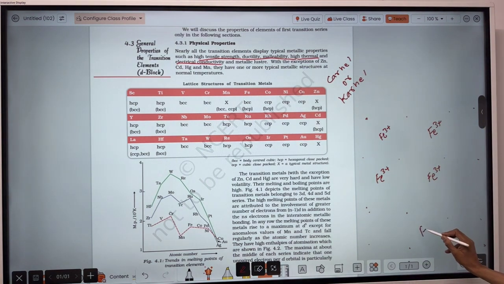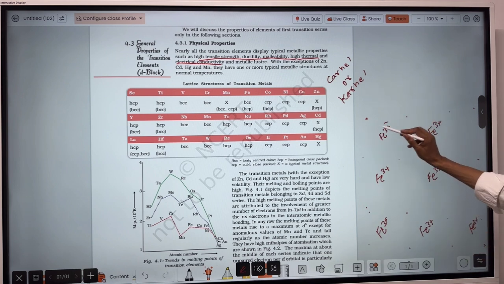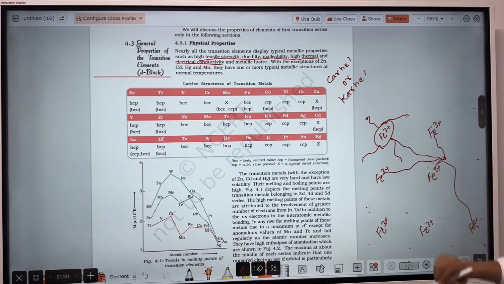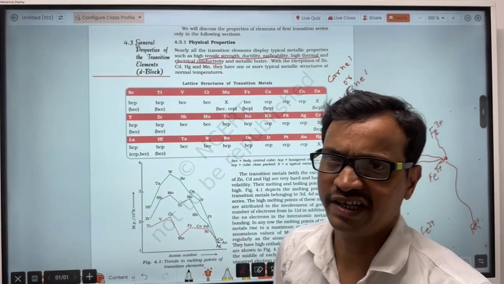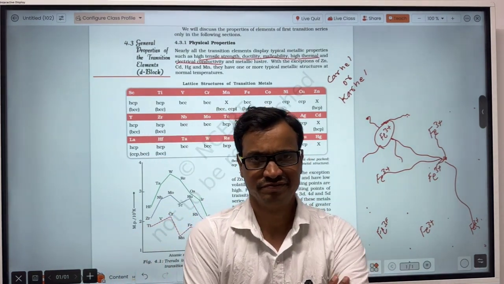These Fe3+ kernels get embedded in a sea of electrons. This kernel is not bonded only to this electron; it is bonded to this electron, this electron, and this electron, and this electron is also bonded to this kernel, this kernel, and this kernel. So any particular kernel is not bonded with a particular electron.